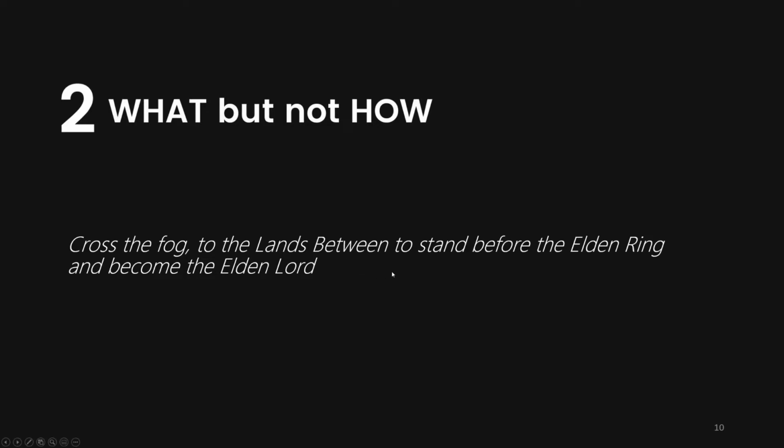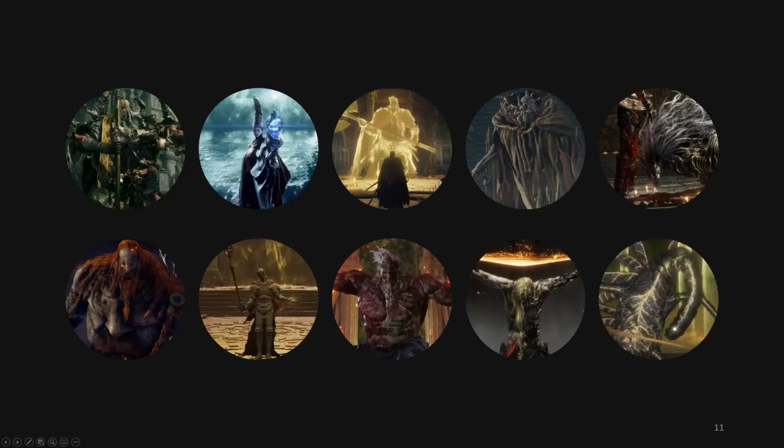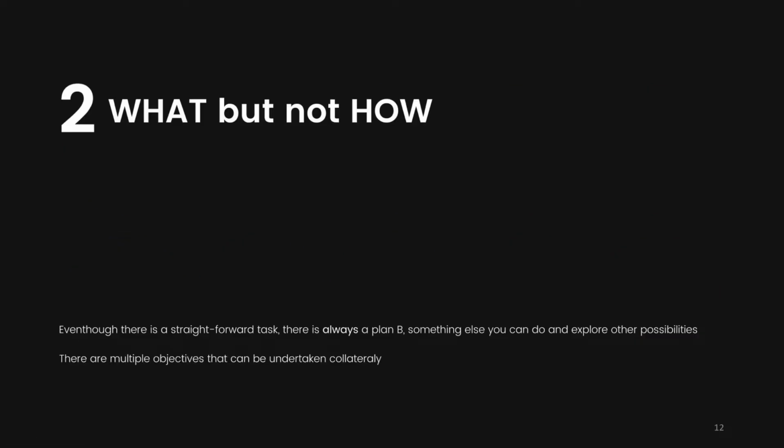And when we start exploring, we learn that there are 10 mandatory bosses that we have to defeat in order to win the game. But it's not really the case, because they are very non-linear. There is always something else we can do. There are no rules in taking those bosses in any order. There is no indication that we should do this, no specific instructions or anything.